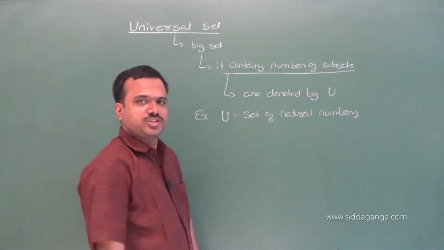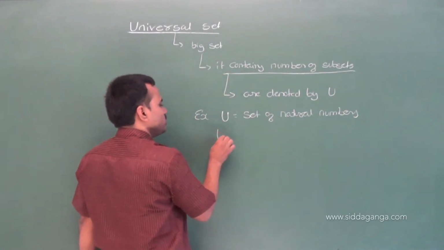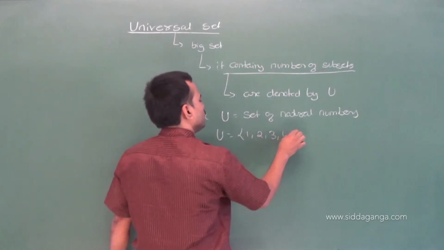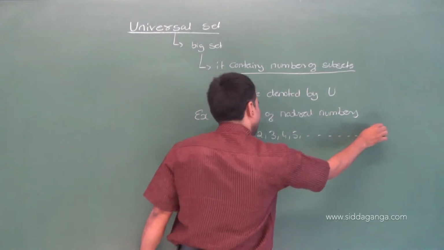Set of natural numbers. That means U is equal to 1, 2, 3, 4, 5, like that.